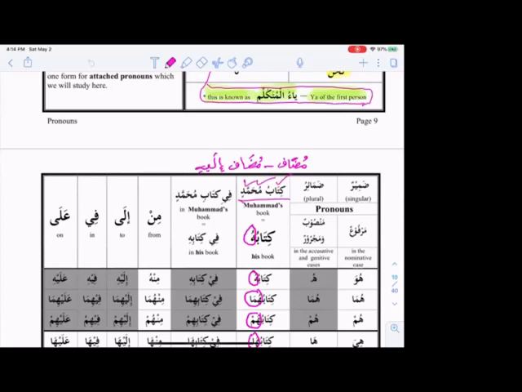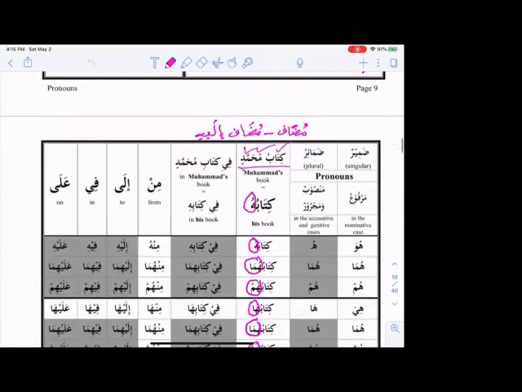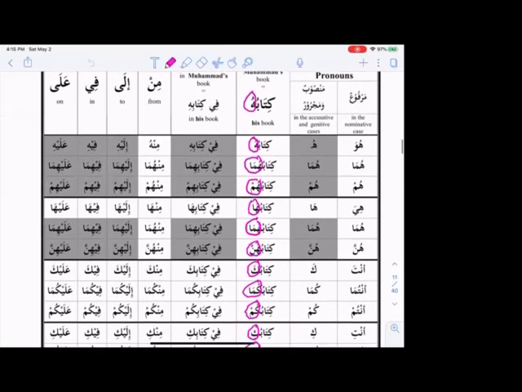So here we are. Kitabu Muhammadin. Mudaf, mudaf ilayhi, we know. Book of Muhammad. How do I say his book? Then I join the pronoun. So then kitabuhu. What is kitabuhu? It is mudaf, mudaf ilayhi. Where is mudaf? Kitabu. Where is mudaf ilayhi? It is hu. So you can join it.